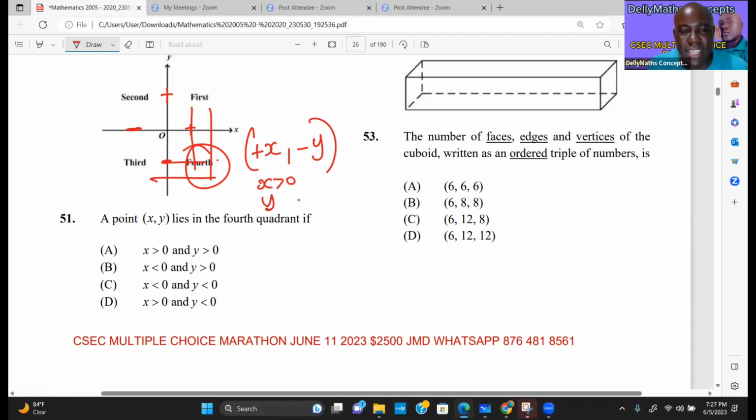And if y is negative, it's less than 0. So it's what they're using to catch people. You know how many people this catches? If a number is positive, it's greater than 0. Keep that in mind. And if the number is negative, it's less than 0. So we're looking for D. See that? It's just an understanding of ideas, right?